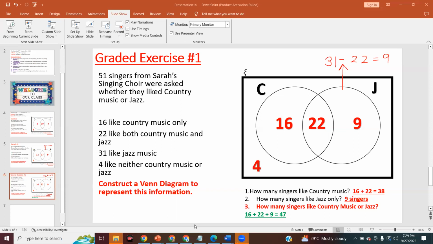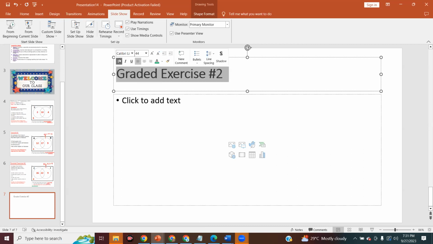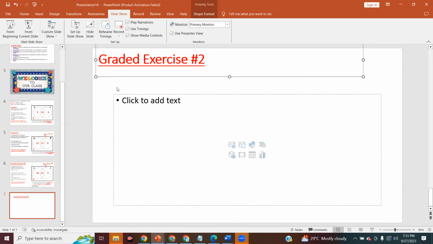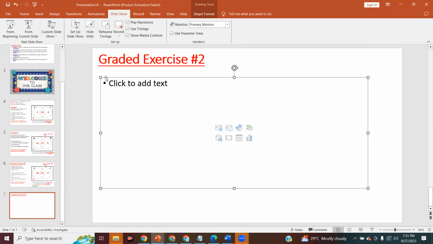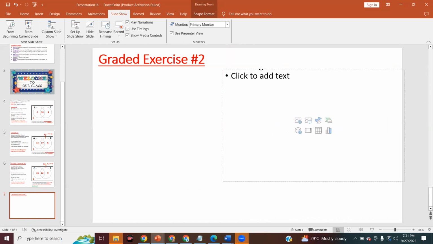Okay, so let's move on to graded exercise number 2. All right, so for this one, we have a Venn diagram.